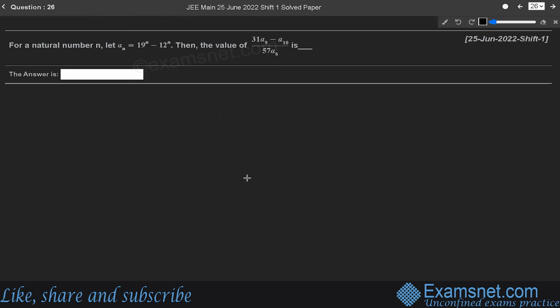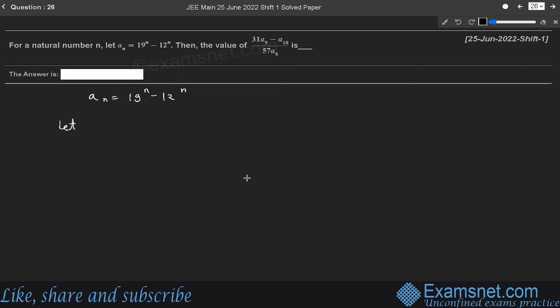Next is question number 26. For a natural number n, let a_n be equal to 19^n minus 12^n. Then the value of (31 a_9 minus a_10) divided by 57 a_8 is. So here it is given that a_n is equal to 19^n minus 12^n.